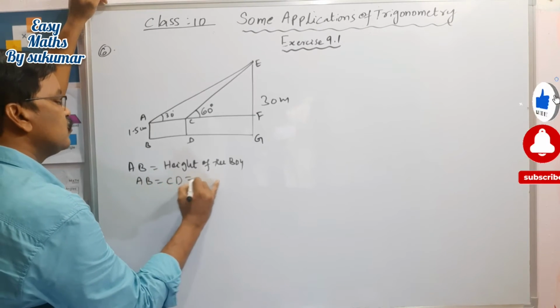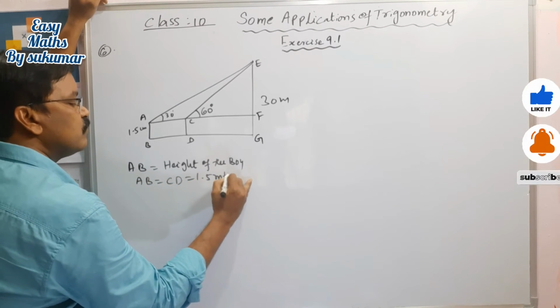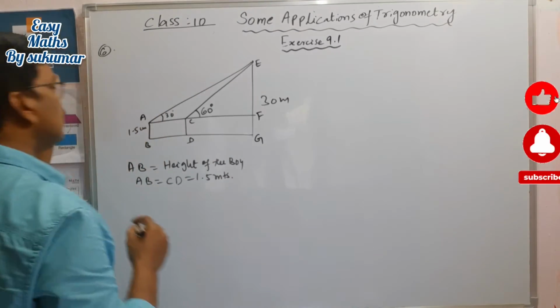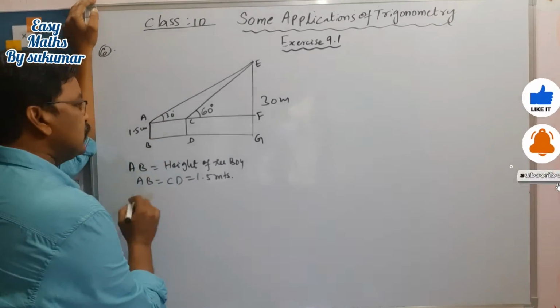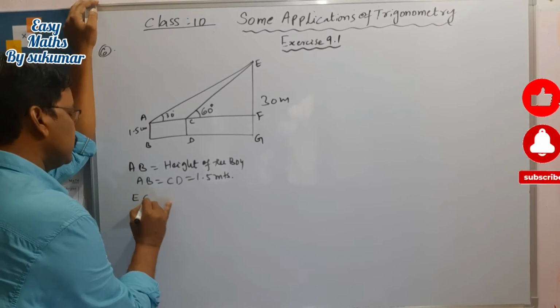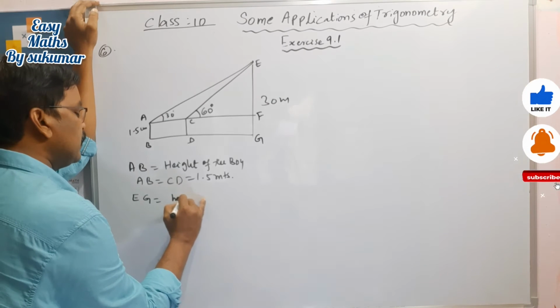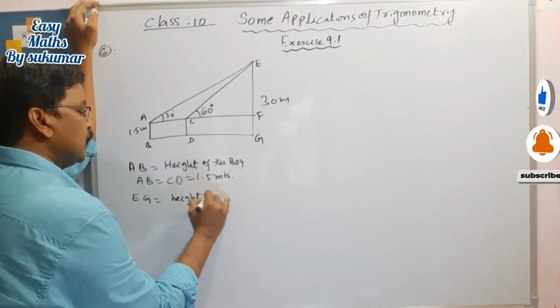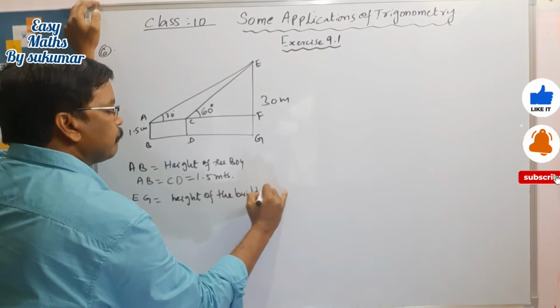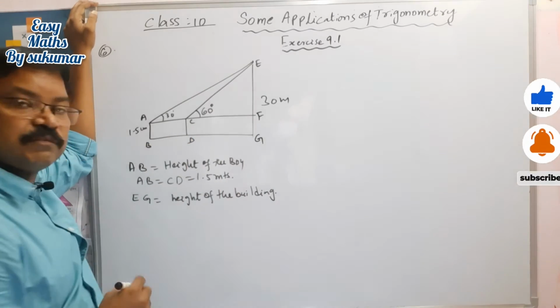So AB is equal to CD is equal to 1.5 meters. Here, my dear students, EG is the height of the building.